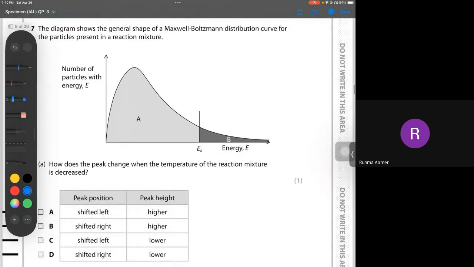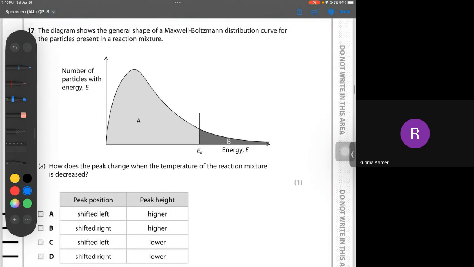See this, it's a Boltzmann distribution curve. The diagram shows the general shape of a Maxwell-Boltzmann distribution curve for the particles present in a reaction mixture. How does the peak change when the temperature of the reaction mixture is decreased? We had two cases: decrease or increase in temperature.